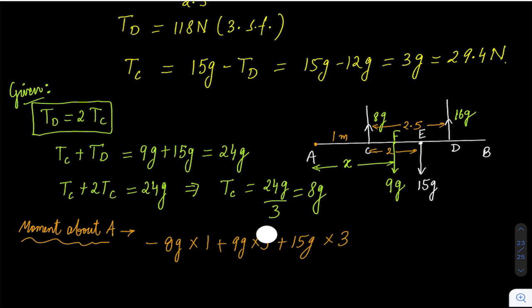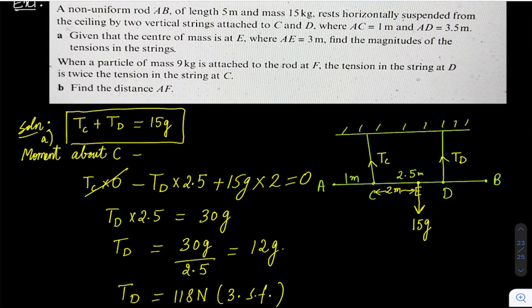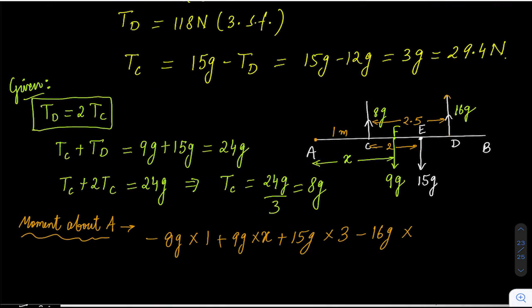We have to find this distance, right? So let's take this distance as x. And then for 16G, this is my force, and this will be anti-clockwise. Anti-clockwise means negative. So minus 16G times, what is AD? AD distance is 3.5. So this is into 3.5 equals 0. So the net moment will be 0.